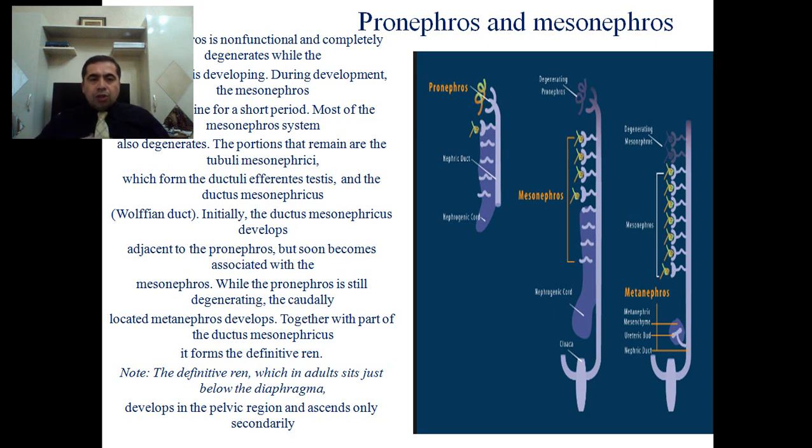Two sources for development of the final kidney. You can say the distal end of the mesonephric duct, or the cranial end of the developing ureter, is the source for development of the renal pelvis, major calyces, minor calyces, papillary ducts, etc.